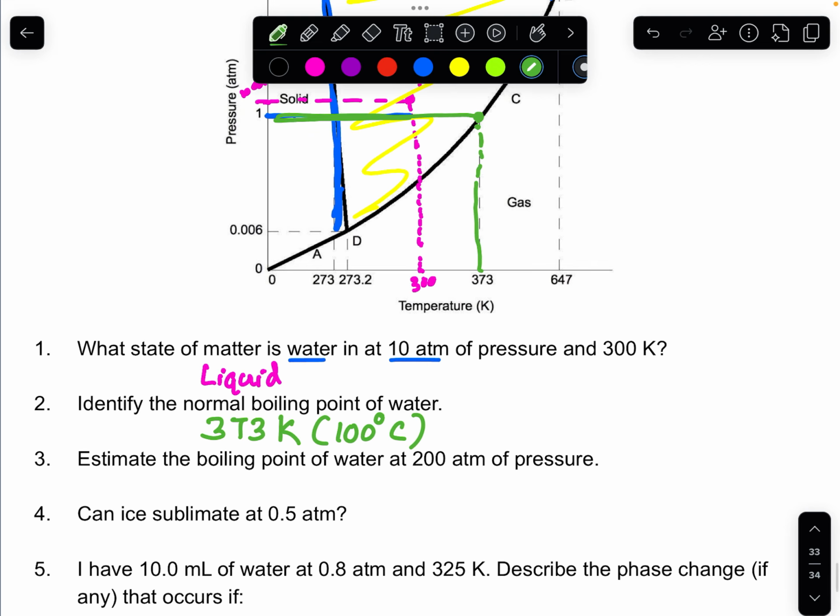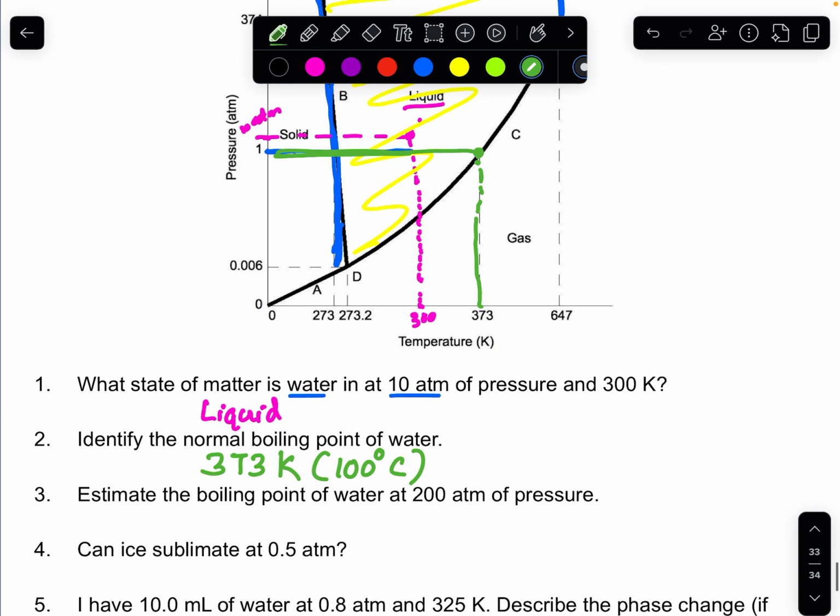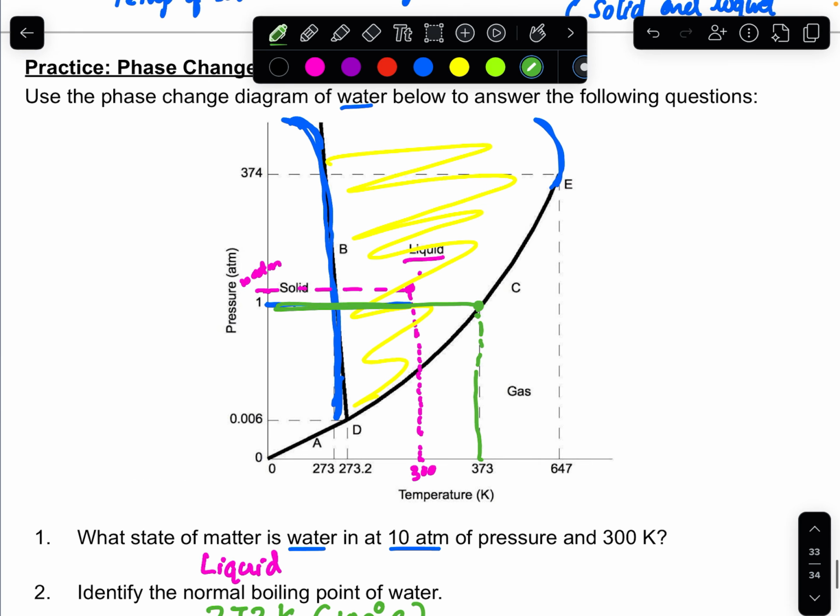Then if pressure is 200 atm, that's what I said, if you are boiling water on a mountain, or if you are boiling water in a valley, that boiling point will be different. We learned that in gas laws. Okay, so here it says 200 atm pressure. Let's see, 200 is maybe somewhere here, right? So at 200 atm, you extend the line, this will reach here.